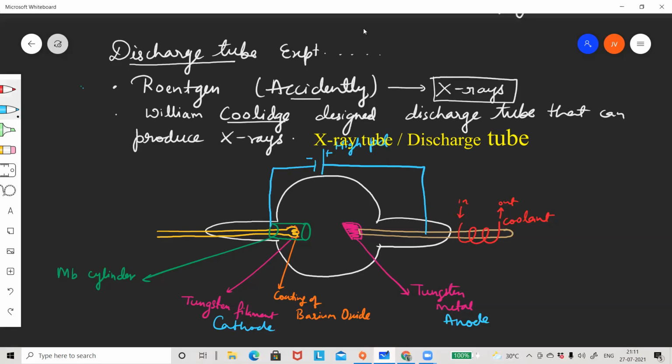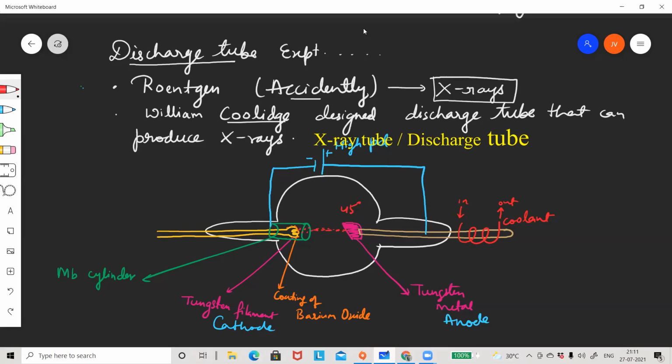When high voltage is provided, from the tungsten filament there will be a density of electrons which will go straight, because cathode rays always travel in a straight line. One of the properties: cathode rays always travel in a straight line. So they will hit the metal at 45 degrees.